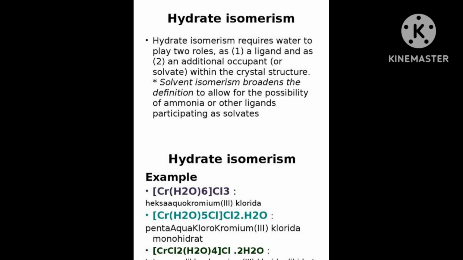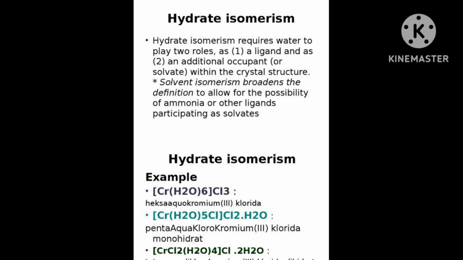Now coordination isomerism. This type of isomerism arises from the interchange of ligands between cationic and anionic entities of different metal ions present in a complex. It is only the name itself, coordination.